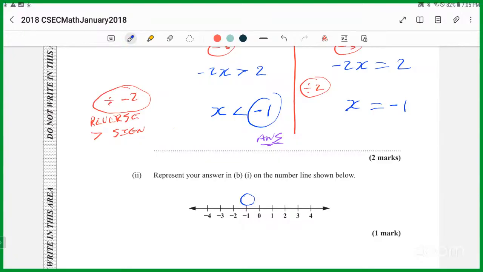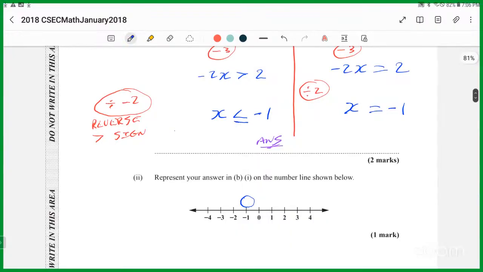If this inequality sign, for example, is less than or equal to, then to show that -1 is also an accepted value, we would shade the circle like that. But it was not included this time, so we'll leave the circle unshaded.